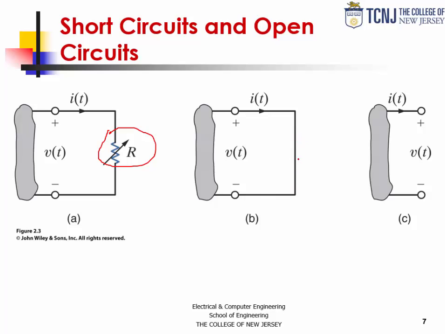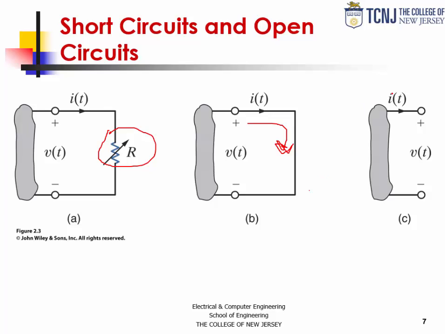So instead of a resistor, I'm going to have a wire with zero resistance, and that's going to be called the short circuit current. If I have a voltage or two terminals in a circuit and I want to know what the short circuit current is, I would put a wire and connect those two terminals, and whatever current flows through that wire is going to be the short circuit current.